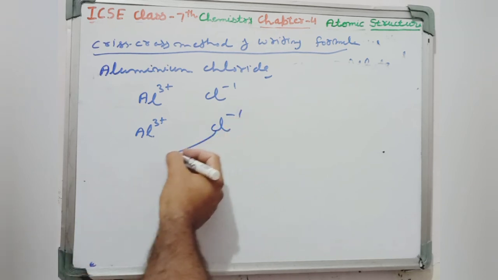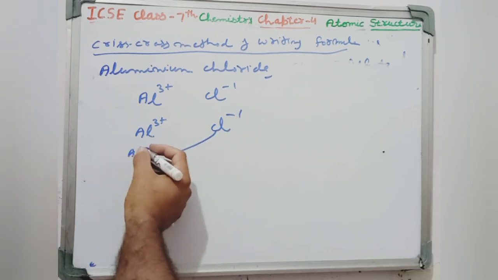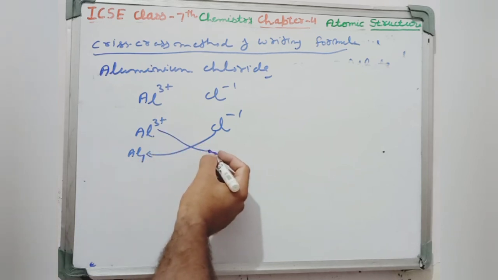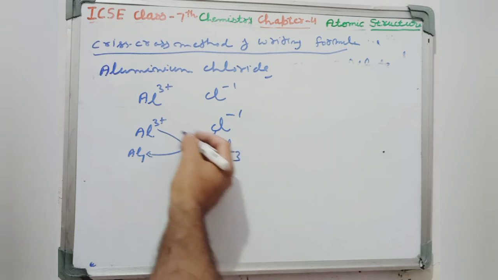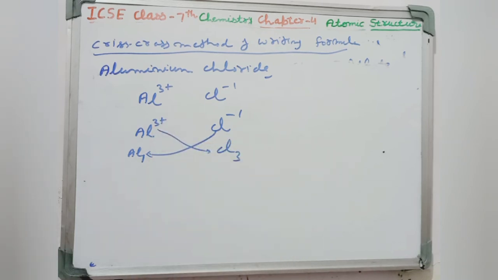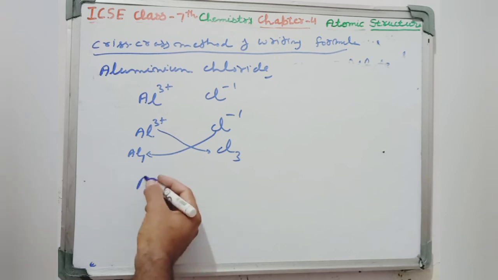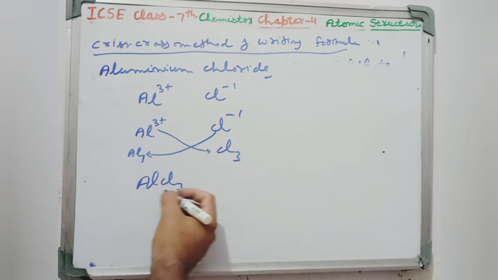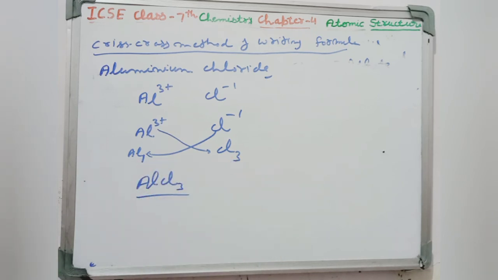Now we will shift this into Al1 and this will be shifted into chloride 3. Now all is done. Al, Cl, our compound is AlCl3, right?